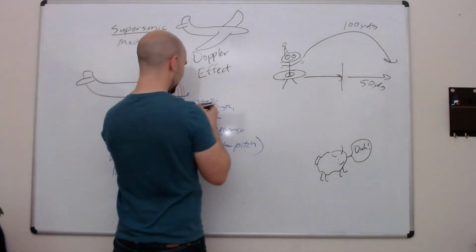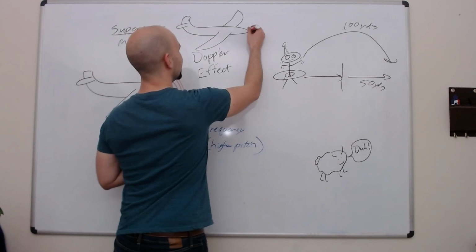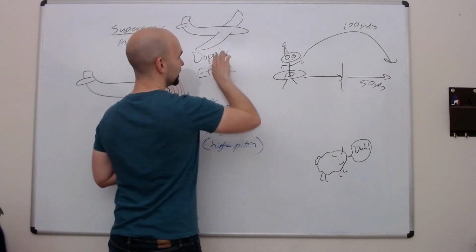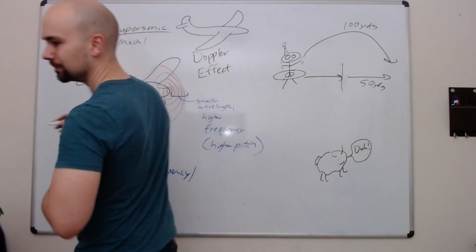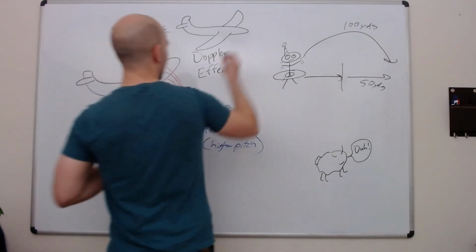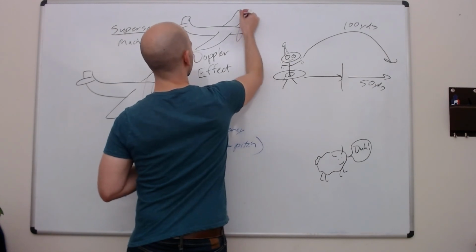Sound waves are emanating out, but because the plane is moving forward at exactly the same speed as the sound waves, they end up with this crazy Doppler effect that looks something like this.